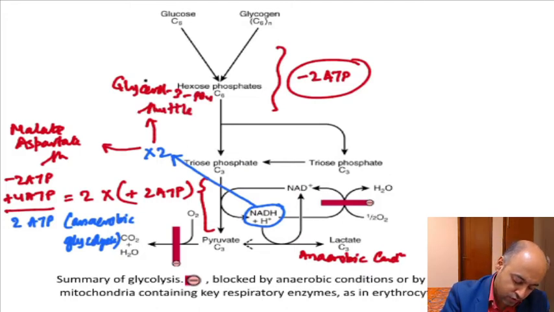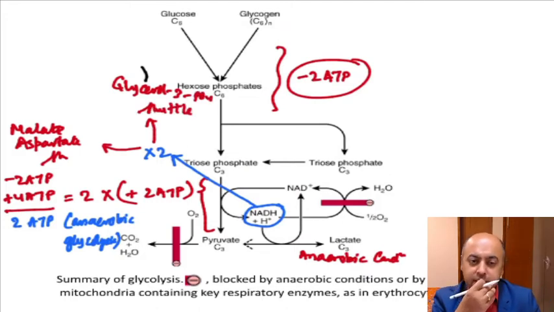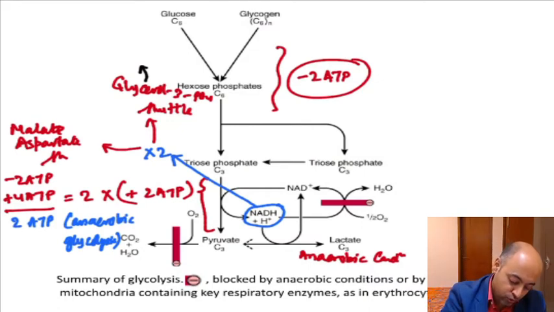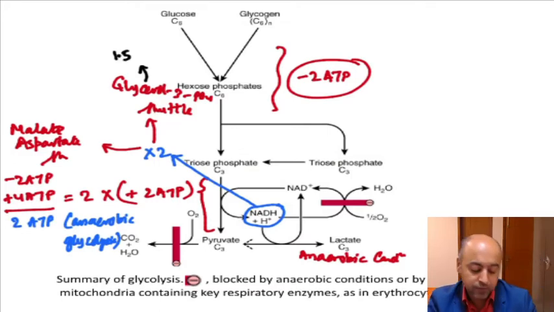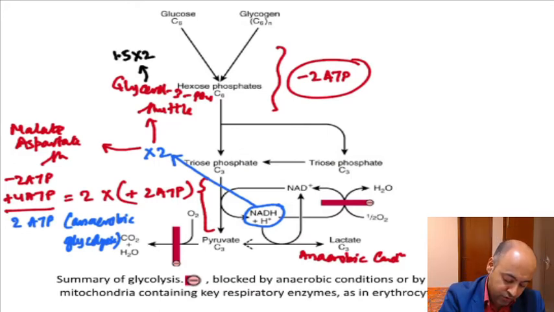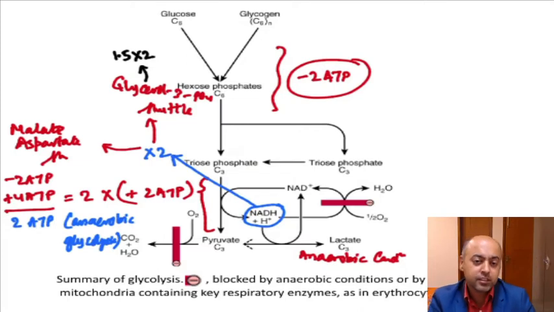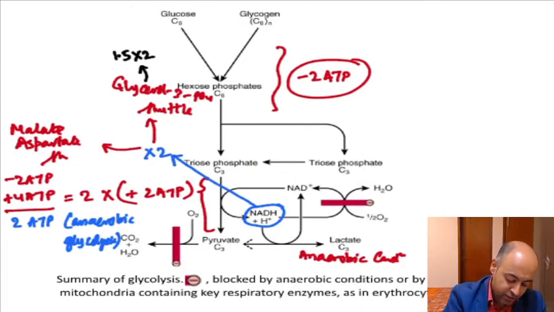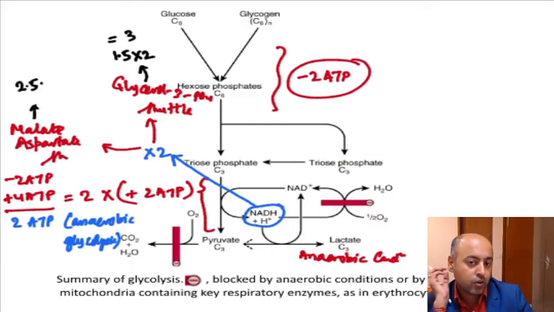If you use the glycerol phosphate shuttle, the NADH is getting converted first to FADH2 and then it releases the energy. So you will only get 1.5 ATP per NADH, resulting in formation of 3 ATP. Whereas if you go through the malate aspartate shuttle, you will get 2.5 ATP because NADH will remain intact, and ultimately you get the 5 ATP.